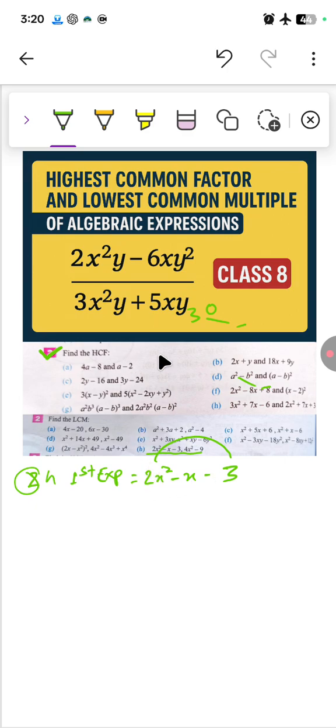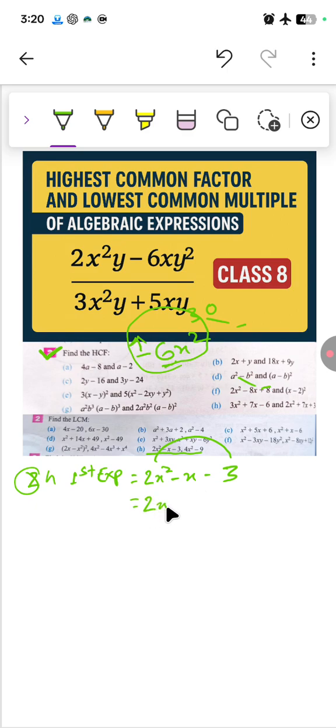So plus into minus, minus 2 threes are 6x square. This minus indicates that the middle term should come after subtracting, and this minus 6x square should come by multiplying the split middle terms. So what will that be?